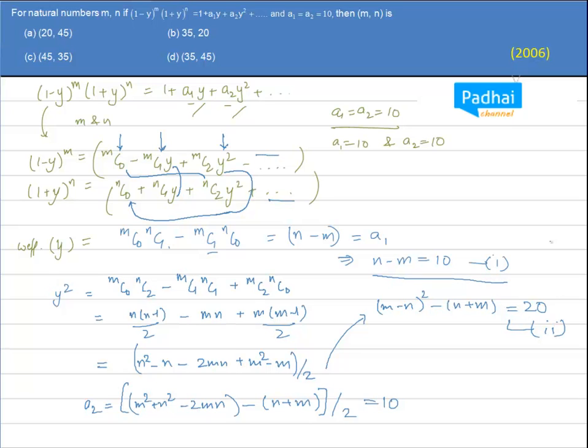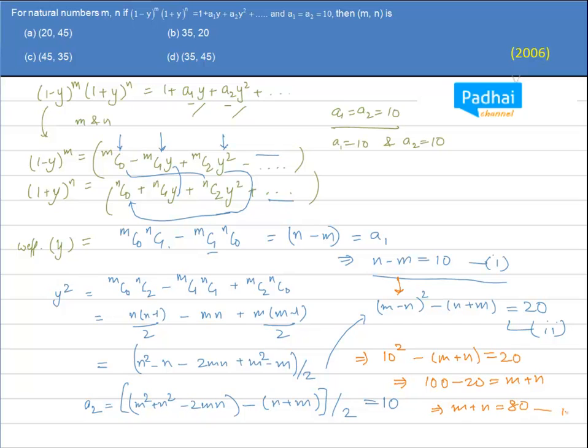So now if I put the value of m minus n over here, what I'll get is 10 square minus m plus n is equal to 20. So this implies 100 minus 20 is equal to m plus n. That implies m plus n is equal to 80.